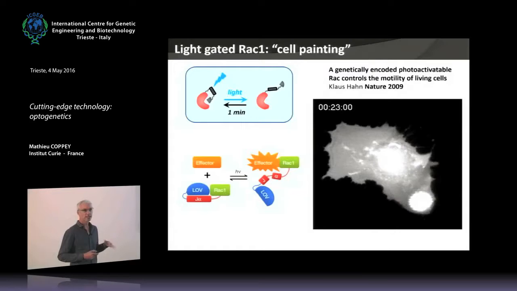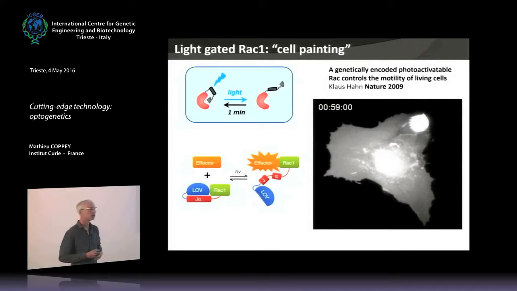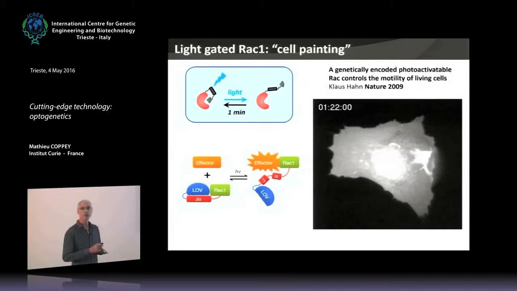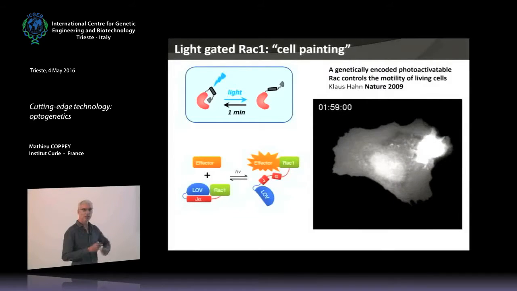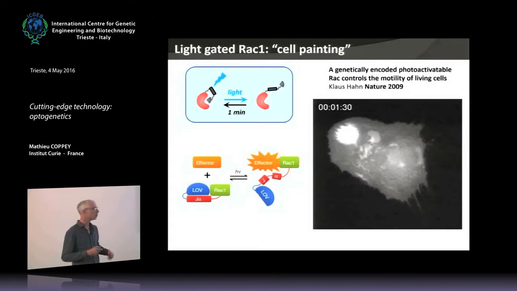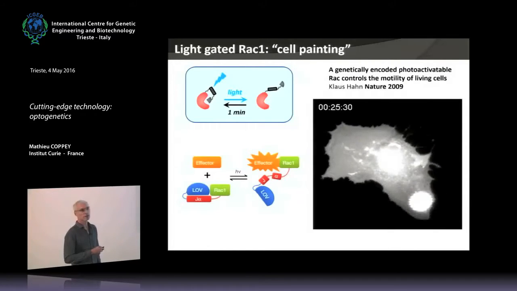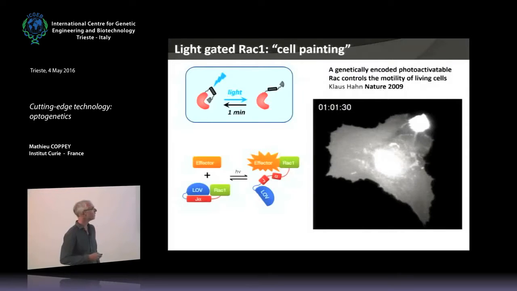In the active state, it recruits all the actin machinery that promotes cell protrusion, and that makes the cell move forward when it's crawling on the substrate. The idea is to engineer a protein that is constitutively active, so it's always active, but the binding site to effectors is hidden by a LOV domain, which is a domain that changes conformation upon light. So in the dark, no effectors can bind to the protein, but when you shine light, you will open up the LOV domain, which will let the effector bind to it.